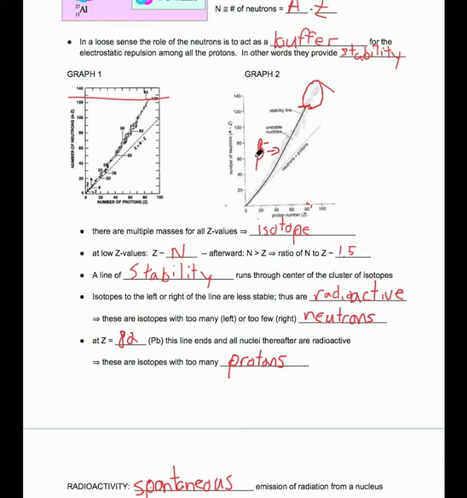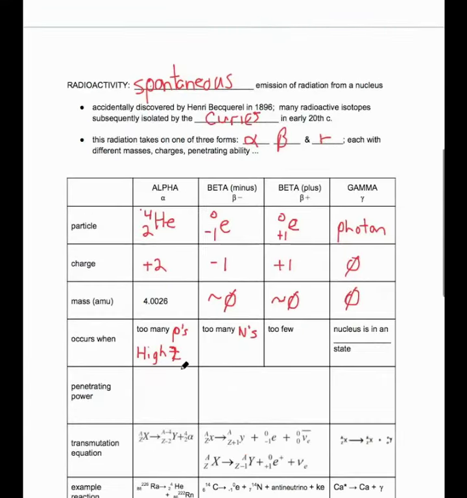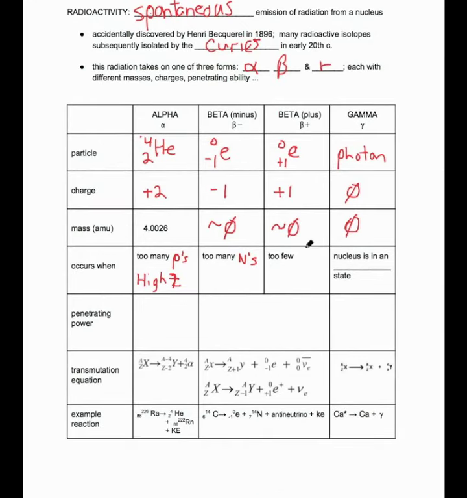And then those that are below the line or to the right of the line are going to be beta plus emitters. In other words, these would have too few neutrons. And we'll get some reactions that involve that.